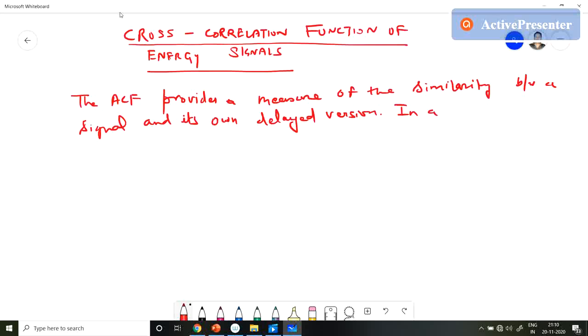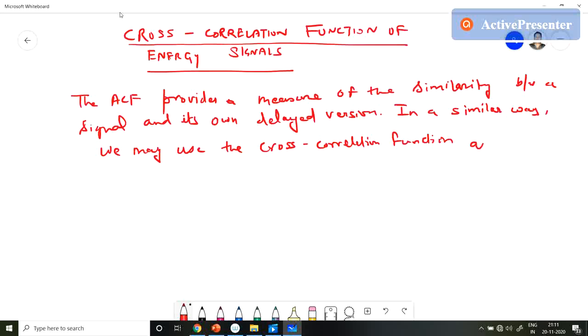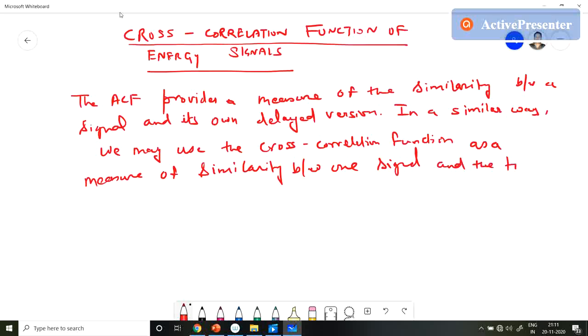In a similar way, we may use the cross correlation function as a measure of similarity between one signal and the time delayed version of a second signal.